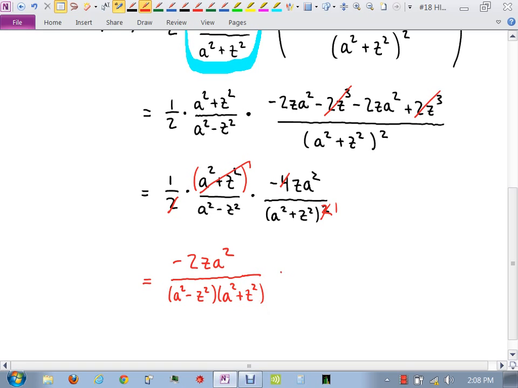Hey, isn't that a to the fourth minus z to the fourth? Like if I were to write x plus 2 times x minus 2, you would say that that's x squared minus 4, wouldn't you?